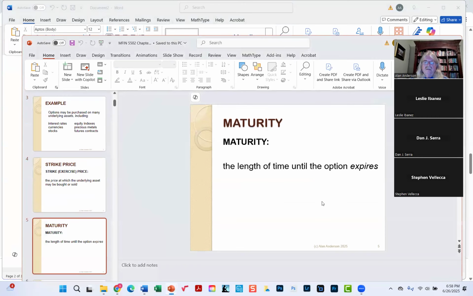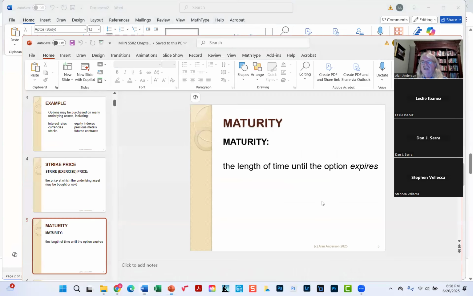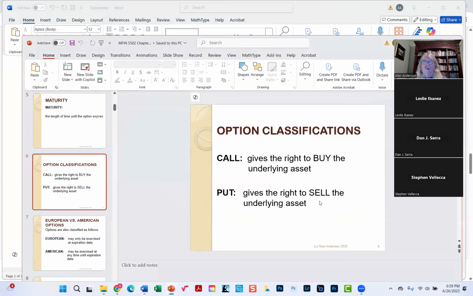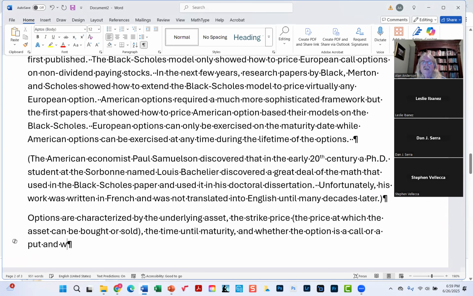The maturity, or I should say probably time until maturity is more meaningful. And whether, oh, and yes, call or a put, which means, remember, with the call you can buy and with the put you can sell, and whether the option is European or American.